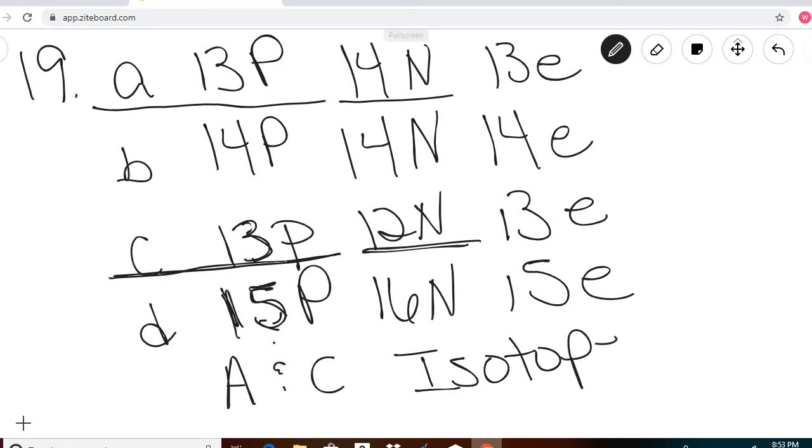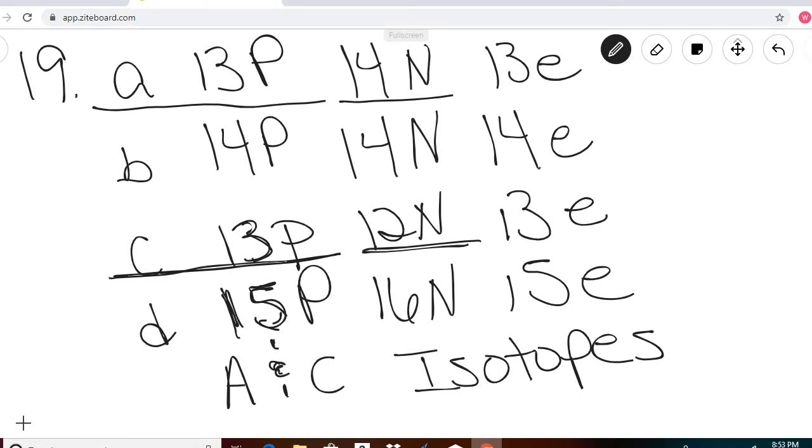Okay, then number 20 asks, which of these two, A or C, would be the heaviest? So the only thing that's different between them are the number of neutrons, and neutrons have a very, very small mass, but they do have some mass, and therefore the one that has the most neutrons would be the heaviest.